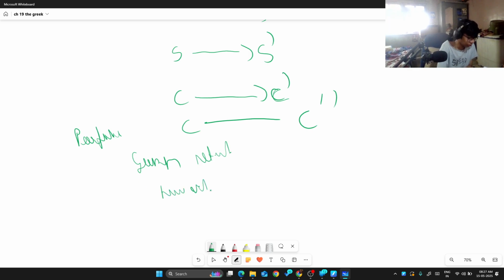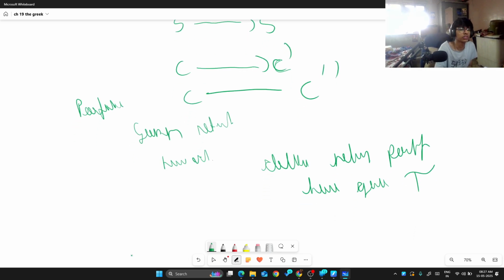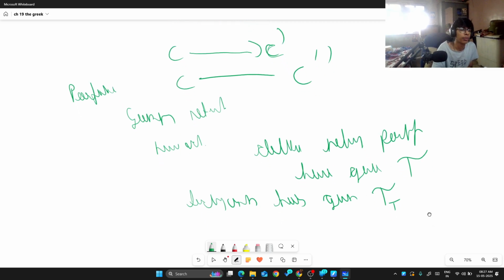Let's say the delta neutral portfolio has a gamma value of gamma, and the traded option has a gamma of gamma t.